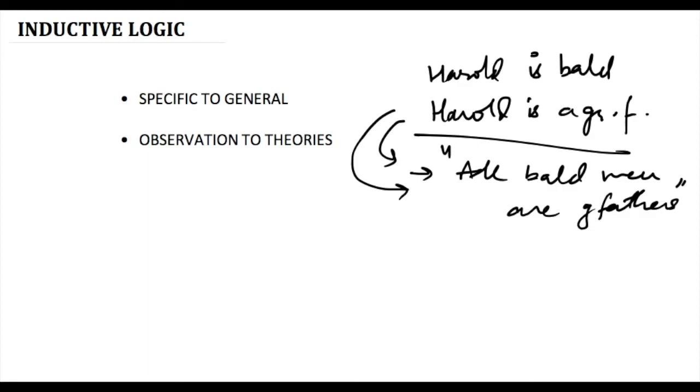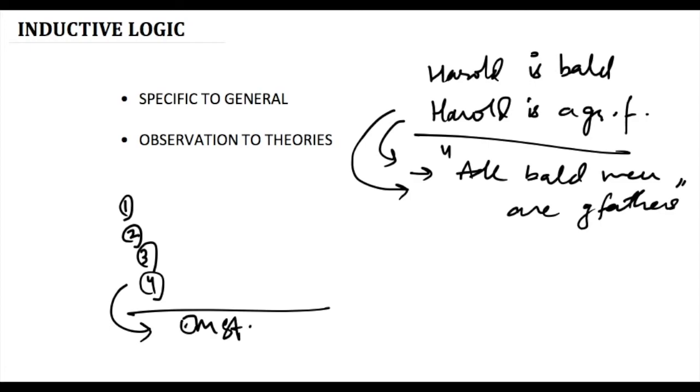Inductive logic is used to prove certain theories when we are making certain specific observations. So scientists make certain specific observations, and based on those observations they make an empirical statement which results in the formation of theories.